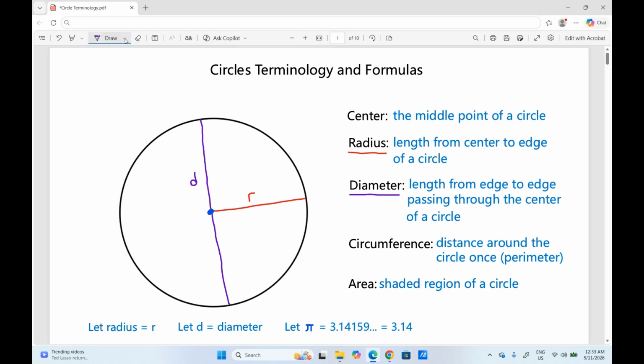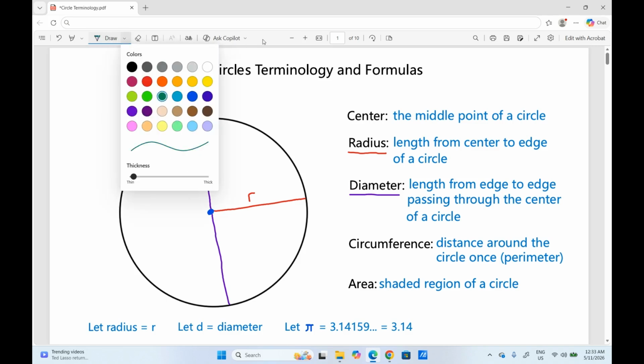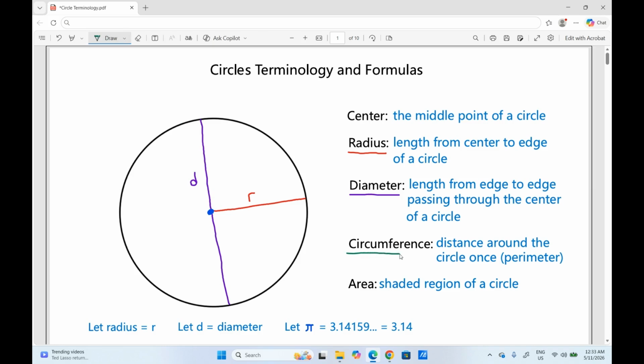And now the next definition we're going to talk about would be the circumference. So I'm going to underline that in green. So circumference is the distance all the way around the circle once. You can also think of it as perimeter. So the perimeter of a square, a rectangle, or a triangle is just the total distance around those shapes. Well, circumference is just a fancy word for the total distance around the circle, but you can also call it perimeter.